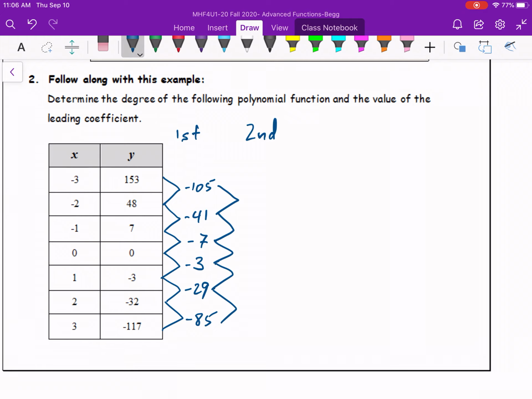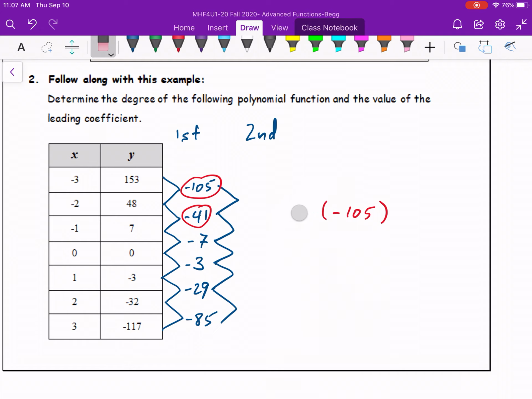Clearly they're not constant, so it's not linear, so I move on to see if it's quadratic by getting the second differences. And again, now I'm going to subtract negative 105 from negative 41. Now you have to be careful about the signs. Literally that's going to look like negative 41 minus negative 105. These two negatives are going to combine to give a positive, so it's simplified to negative 41 plus 105.